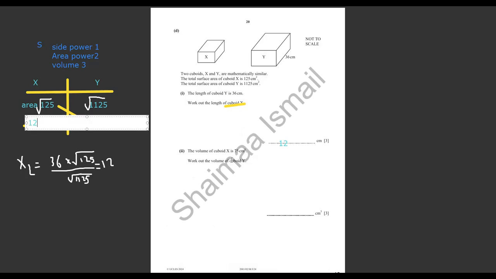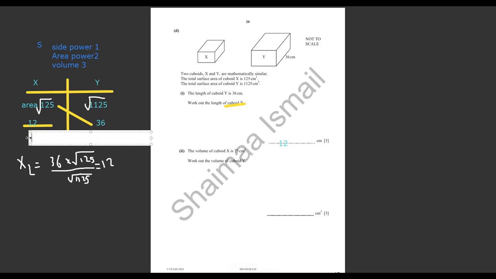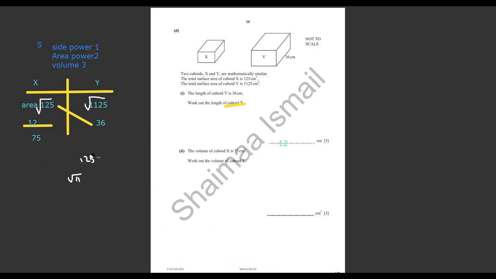Okay. The volume of the cuboid X is 75. So we have here to apply the cubic root because it's volume. We have to apply the cubic root here, and here also would be a cubic root.